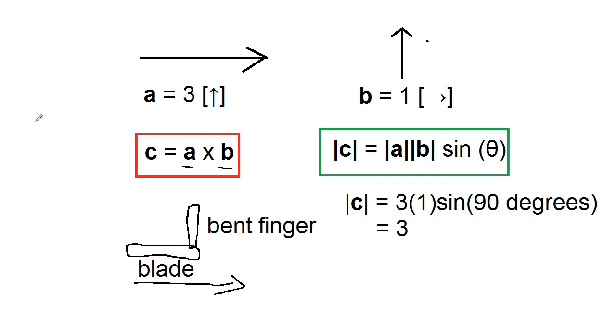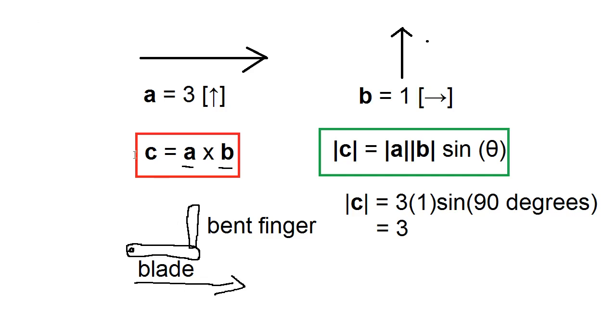Now, if you do so, your thumb, if you extend it all the way outward, like you're giving me a hypothetical thumbs up, will point in the direction of the resultant. So lining up your right hand so that the flat part of your hand, the blade or palm, points to the right, then bending your fingers so that they point upwards, your thumb should point out straight towards me.